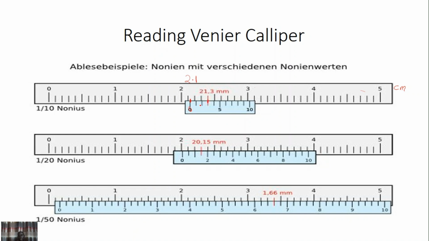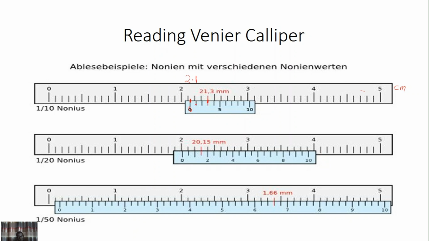Good. Now, let's orient ourselves with the marking on the Vernier scale. This is 1, 2, 3, 4, 5, right? Good. Now, you count from 0 to where the marking coincides and you write the figure here.